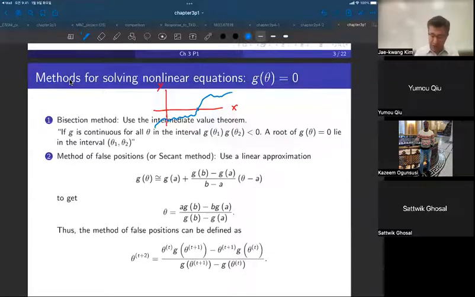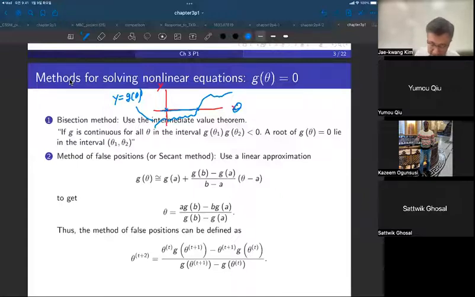This axis is zeta, and this is y equals g of zeta. You are interested in the value of zeta at y equals 0.